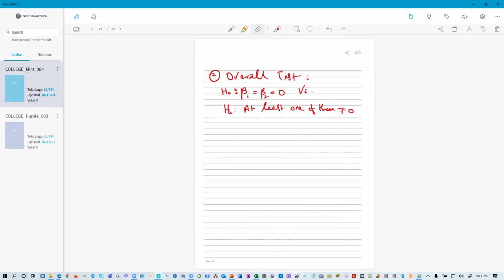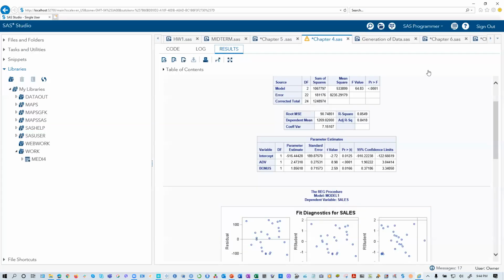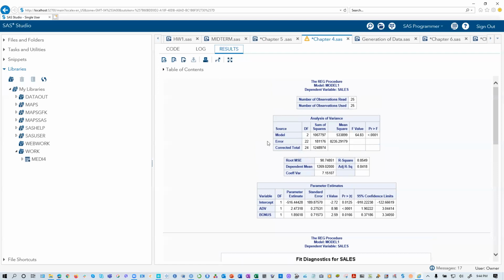To do that, you go to the analysis of variance table. This table is called the analysis of variance table, the ANOVA table.